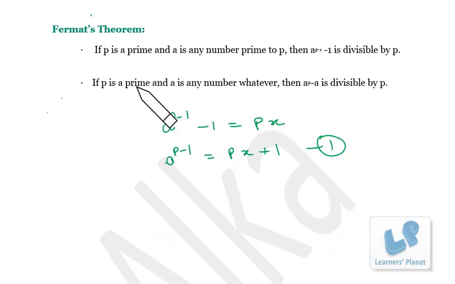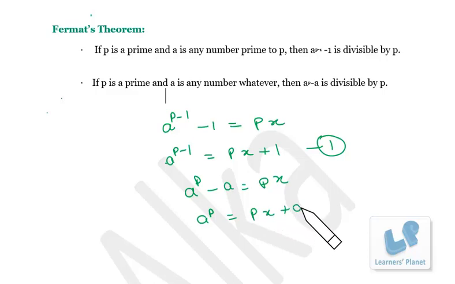And this one: if P is a prime and A is any number whatever, then A raised to P minus A is divisible by P. That means A raised to P minus A is a multiple of P, so we can write it as Px, that is, A raised to P is equal to Px plus A. Now what is the difference between these two?